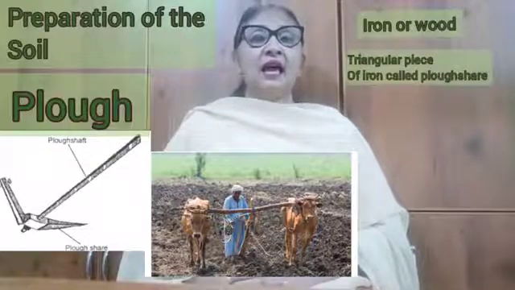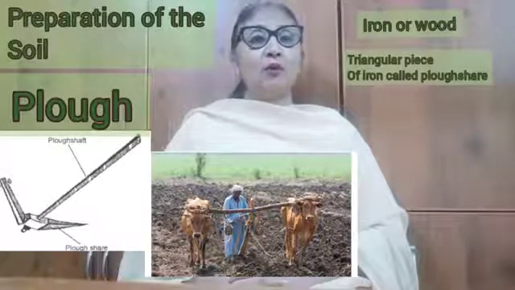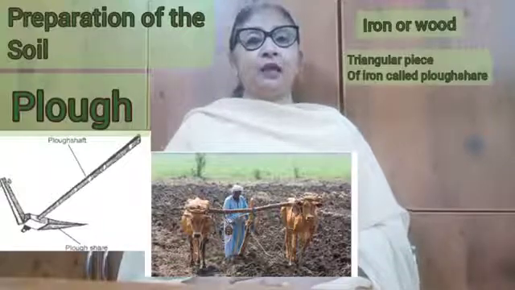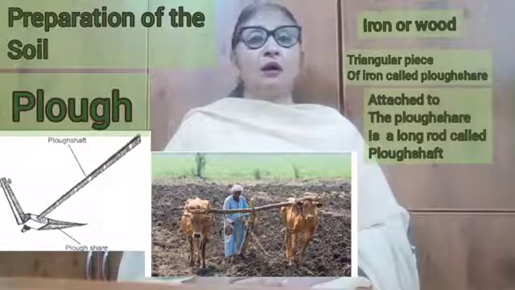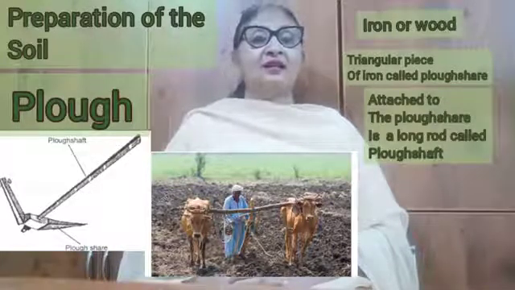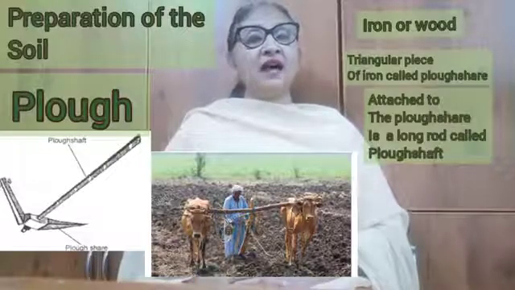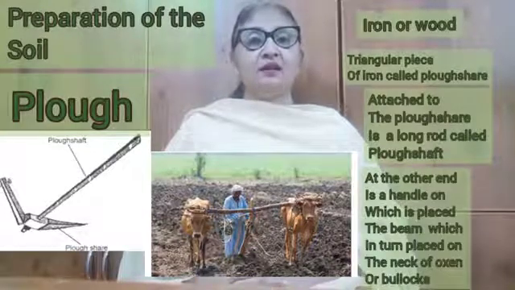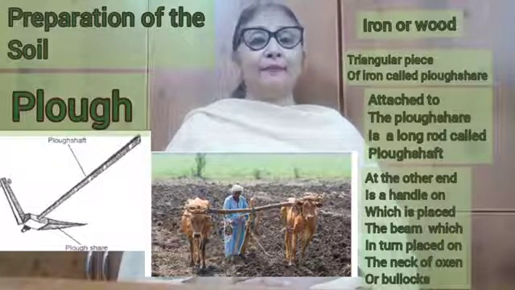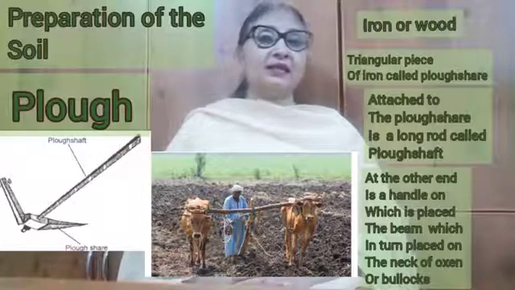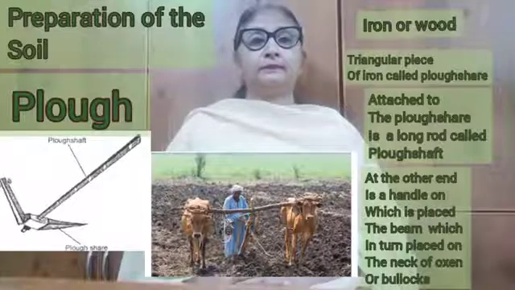It has a triangular piece made of iron which is known as the plowshare. Attached to the plowshare is a long log or rod-like structure which is known as the plow shaft. At the other end of the plow shaft is a handle which is attached to a beam, and this beam is placed on the neck of the oxen or bullock.